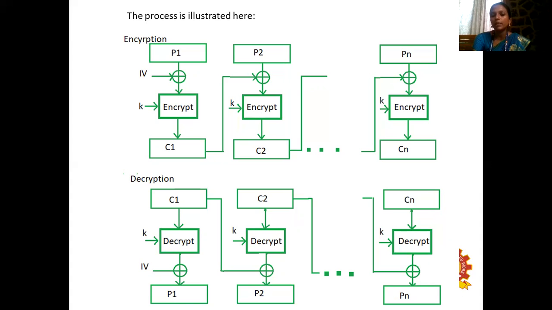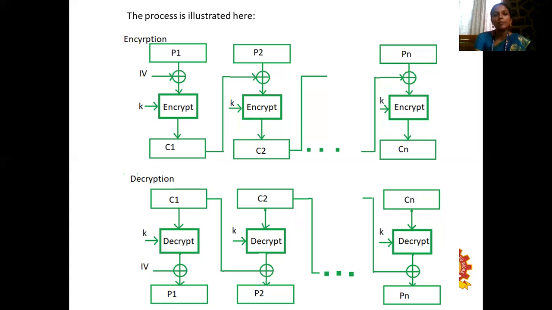It produces the plain text P2. It goes on like this. Only the first block uses the initialization vector. We do this up to Cn and get the output.